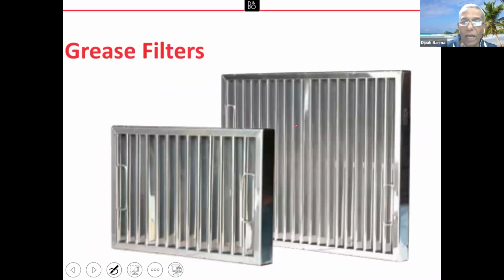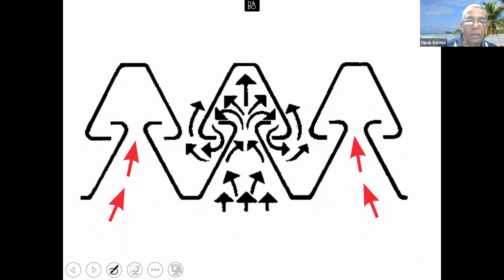This is how they look. I'll show you a section of that, as to how the grease is trapped in these baffle filters. This is what the baffle filter comprises of. You have air which hits here, gets changed in direction and goes out like this. So all the grease is collected here. And since this section is all vertical, the grease starts draining out of the filter.